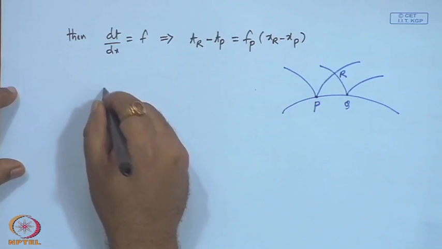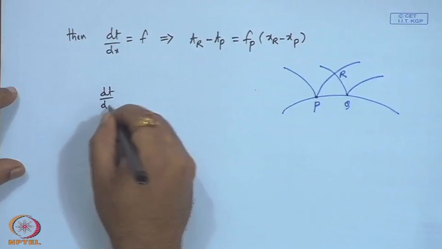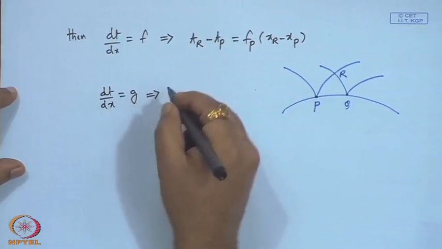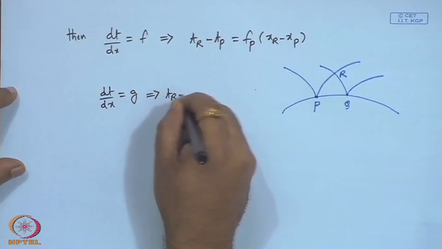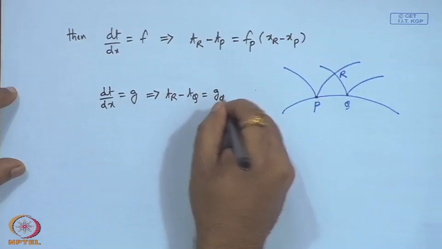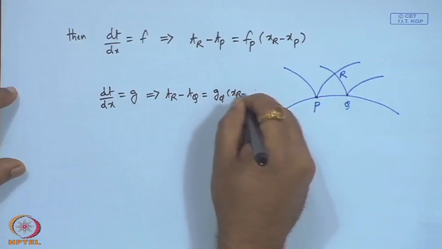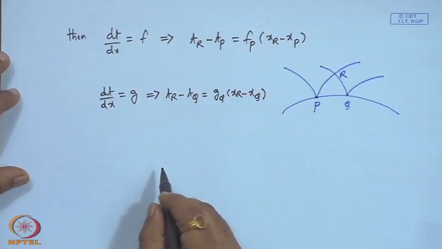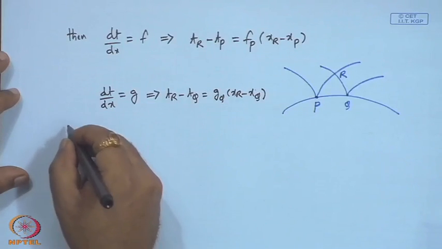Now along G, this implies T r minus T q is G q times x r minus x q.